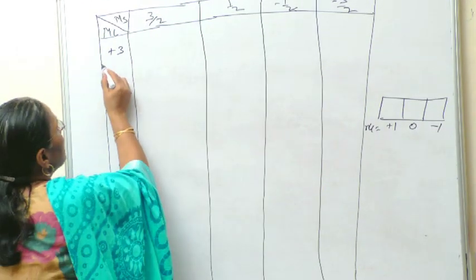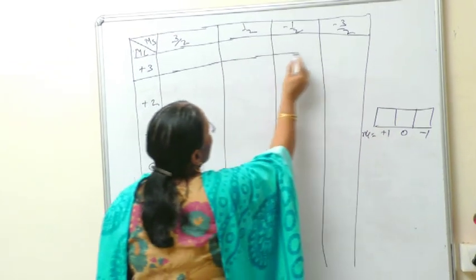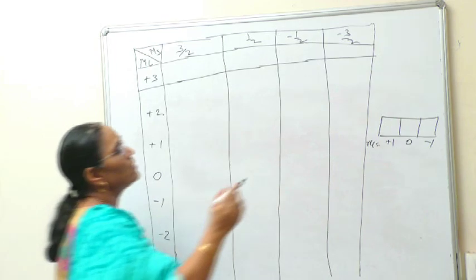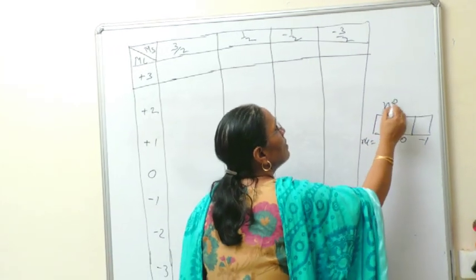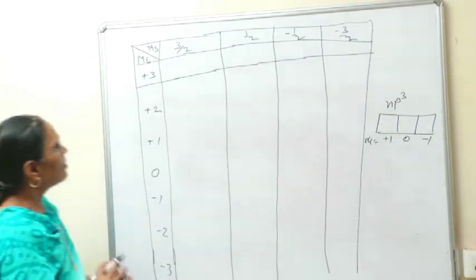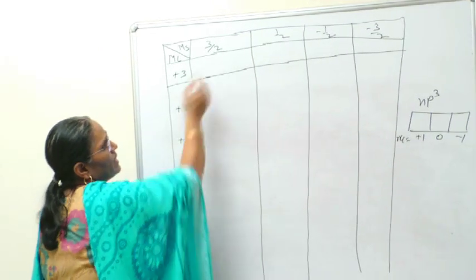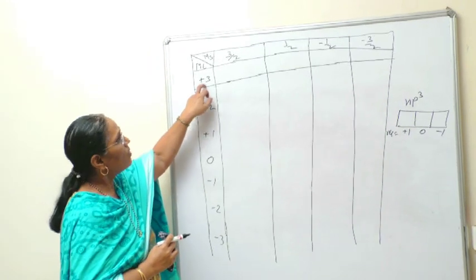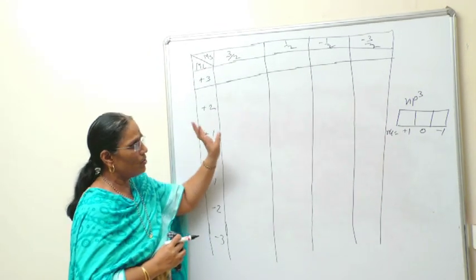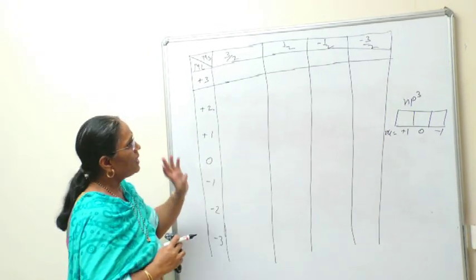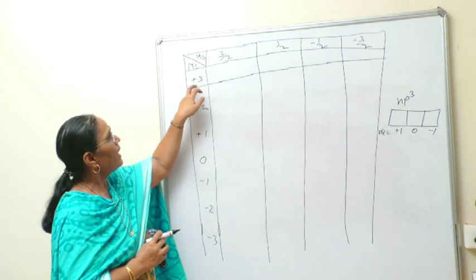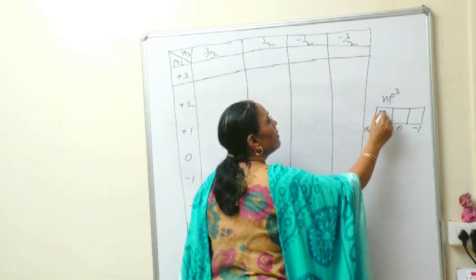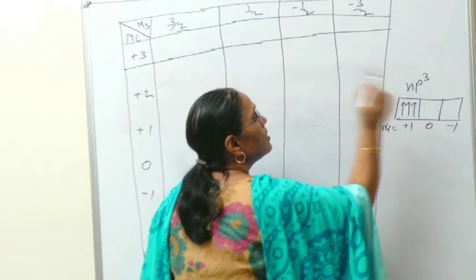Now for this +3 ml and 3/2 ms, all the 3 electrons in the p configuration should have, in order to get the microstate at this place, the total ml of +3 and total ms of 3/2. So it is not possible. If we have to get total ml of +3, then we will have to arrange all the 3 electrons in this first orbital.